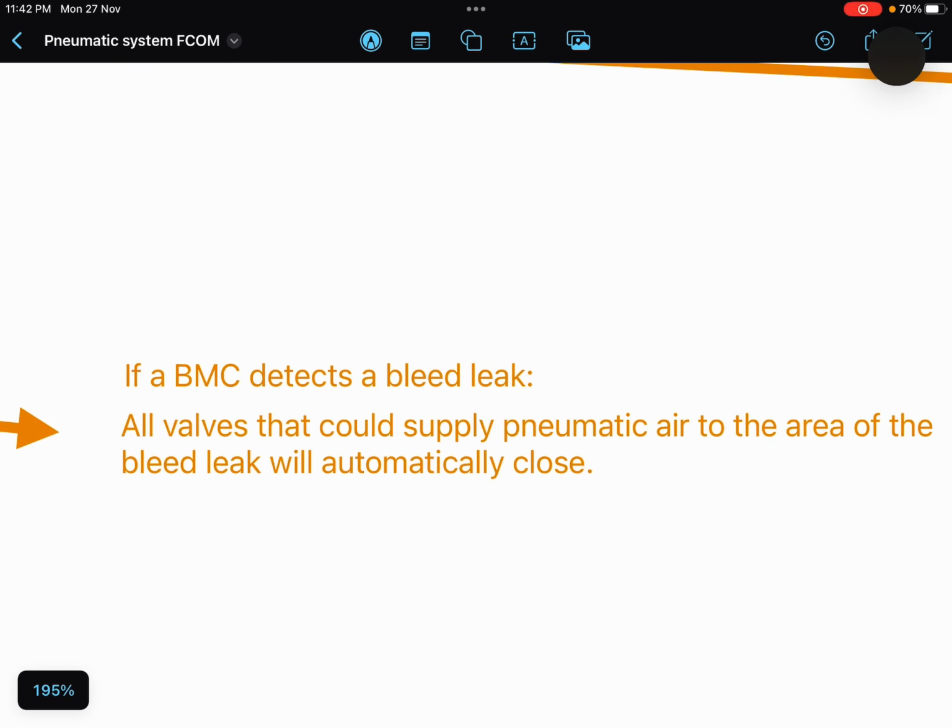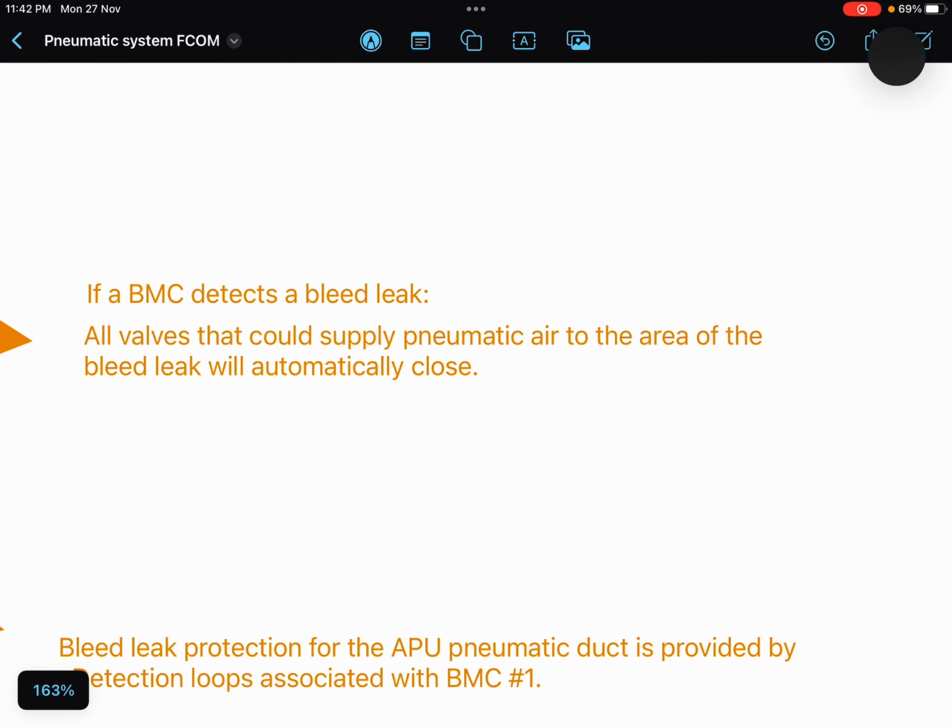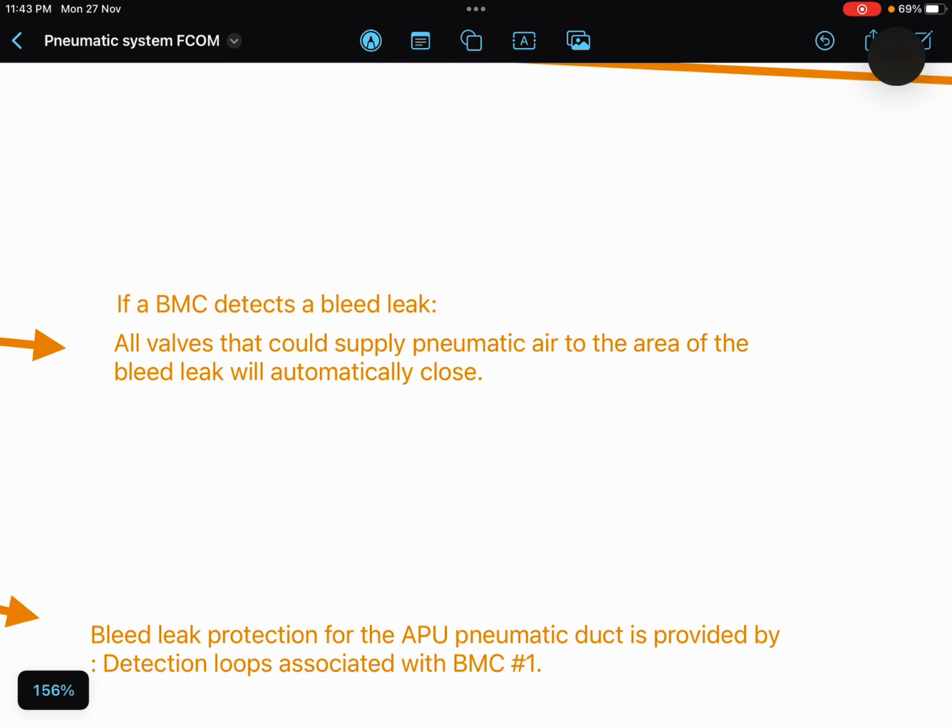You will find a question which says, if a BMC detects a bleed leak, all valves that could supply pneumatic air to that area of the bleed leak will close automatically, right? So BMC will close all the related valves.